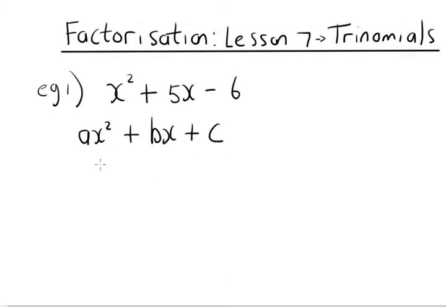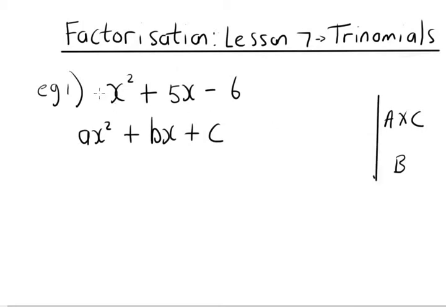Let's have a look at this example and how we go about finding the solution. There are various methods of doing trinomials. The method that I prefer, that I'm going to show you, is where you take a multiplied by c, and b, and you work that out.